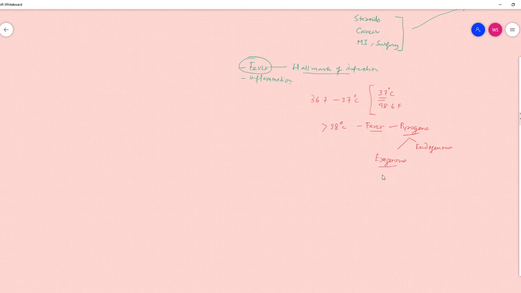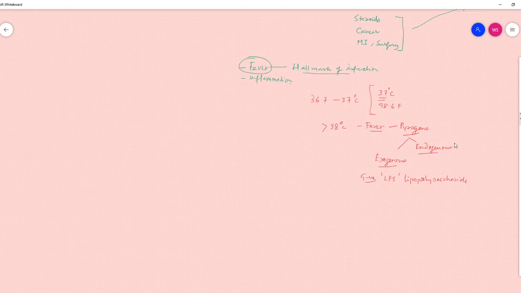Exogenous is, say, the gram-negative organisms. They have a cell wall that has lipopolysaccharide, which is a pyrogen.